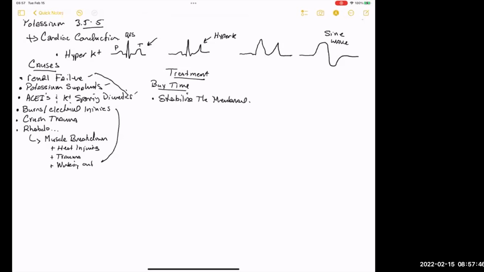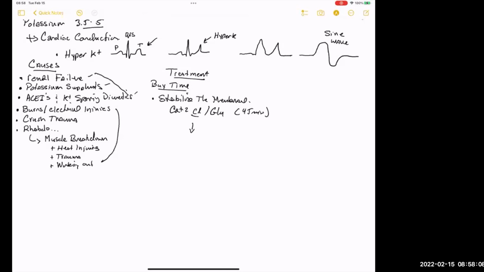And as you mentioned, calcium can do that, either calcium gluconate or calcium chloride. Either works. Calcium chloride tends to give you more elemental calcium available. That's step 1, and that buys you about 45 minutes or so.